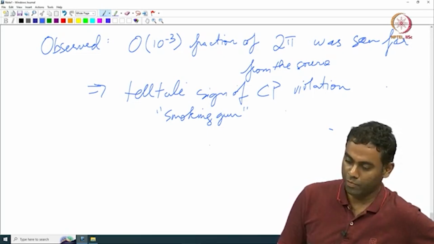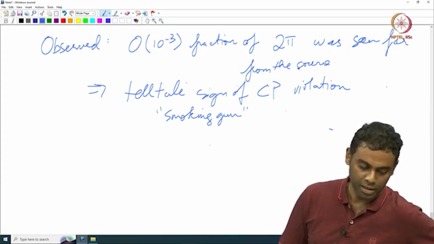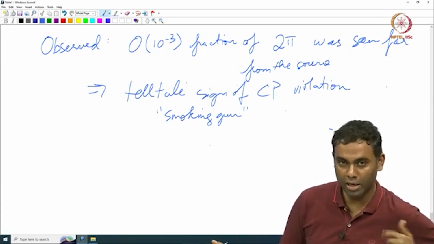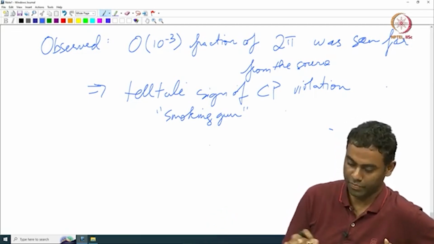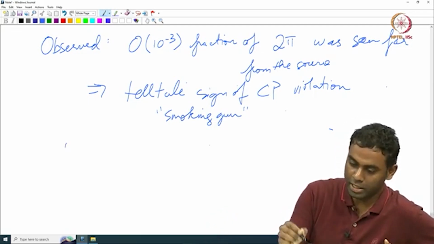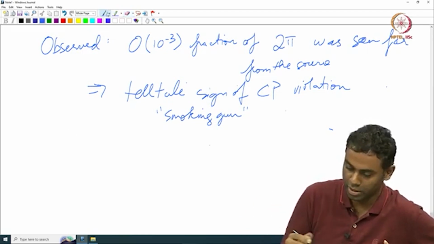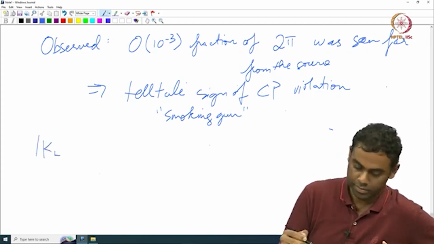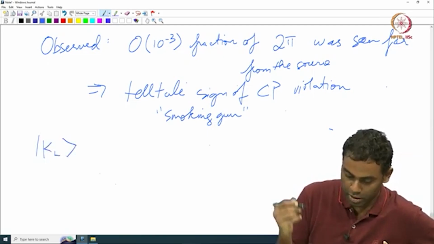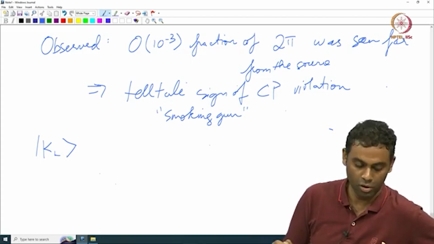So now we can give one more twist to this, right? Since CP is violated, it is better to write K0 and K0 bar in yet another combination. So not even CP eigenstates are really there, right? So people do write what is called the long-lived kaon. I am going to put the subscript L for long.